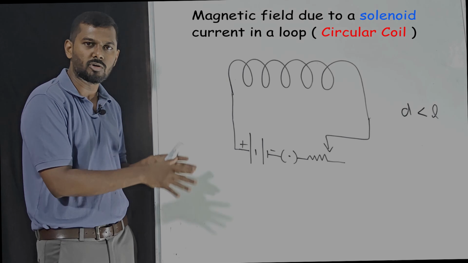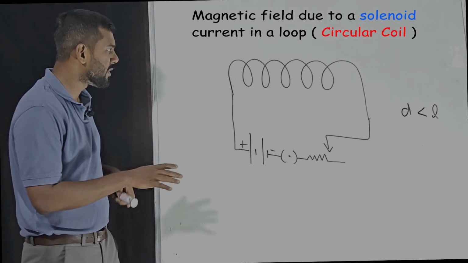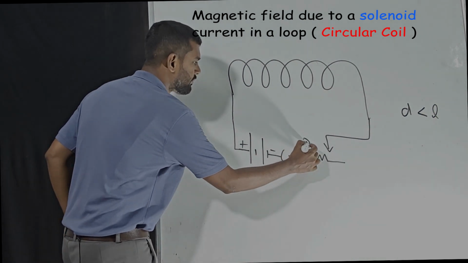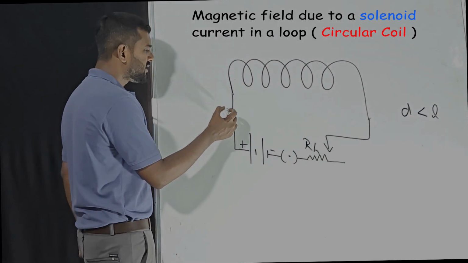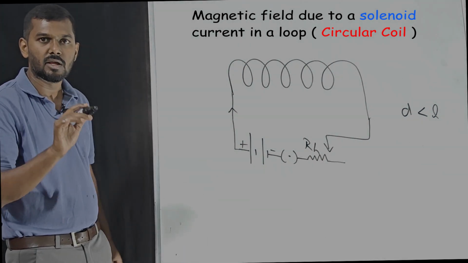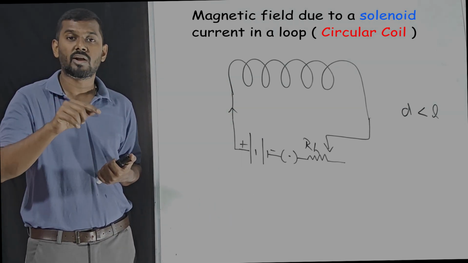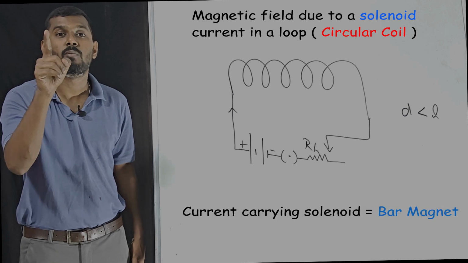The same method we are going to apply here to get the direction of magnetic field. Here we know all the functions of these devices. Now the current starts flowing like this, and once it flows, it produces a magnetic field. You need to understand one thing: whenever a current is given to a solenoid, it behaves like a bar magnet.